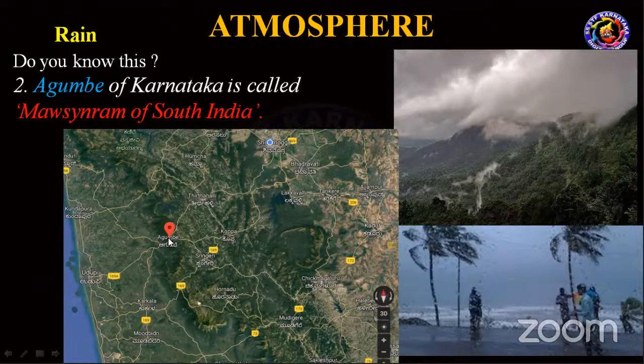This is the location of Agumbe in the first picture, and the two pictures under it show us the places of rainfall. This third picture is the coastal region. You should not consider this as the Agumbe picture. This is the coastal region. The second picture is the Agumbe region, in which heavy rainfall occurs in Karnataka.